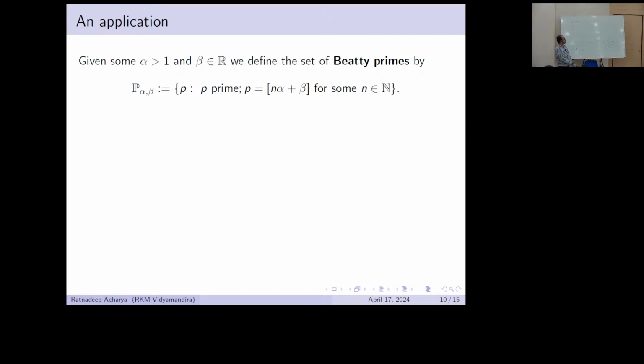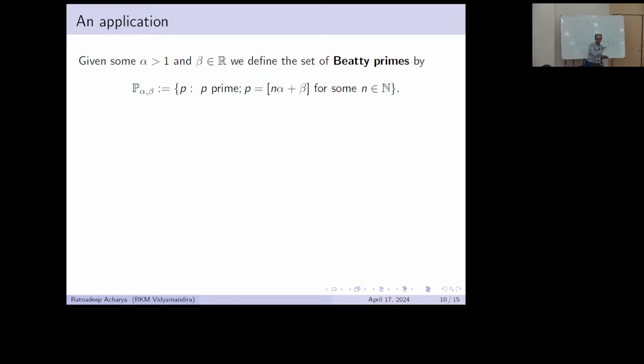For any alpha bigger than 1 and any beta belonging to R, the primes of the form floor of n alpha plus beta, where floor means the greatest integer function, for some n, are known as Beatty primes. Our result can be applicable in the case of Beatty primes, but not for all alpha.